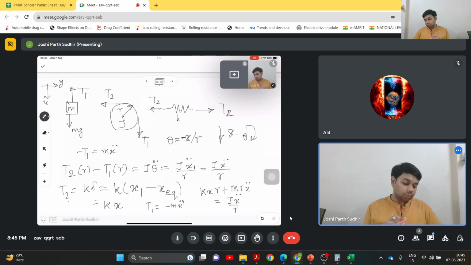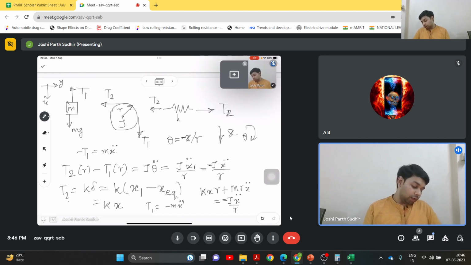because if downward displacement is positive, that downward displacement will cause a clockwise rotation, which is actually negative, because we are considering anti-clockwise rotation as positive. So in this equation, it will actually become minus J x double dot by r. So the right hand side will be minus J x double dot by r.